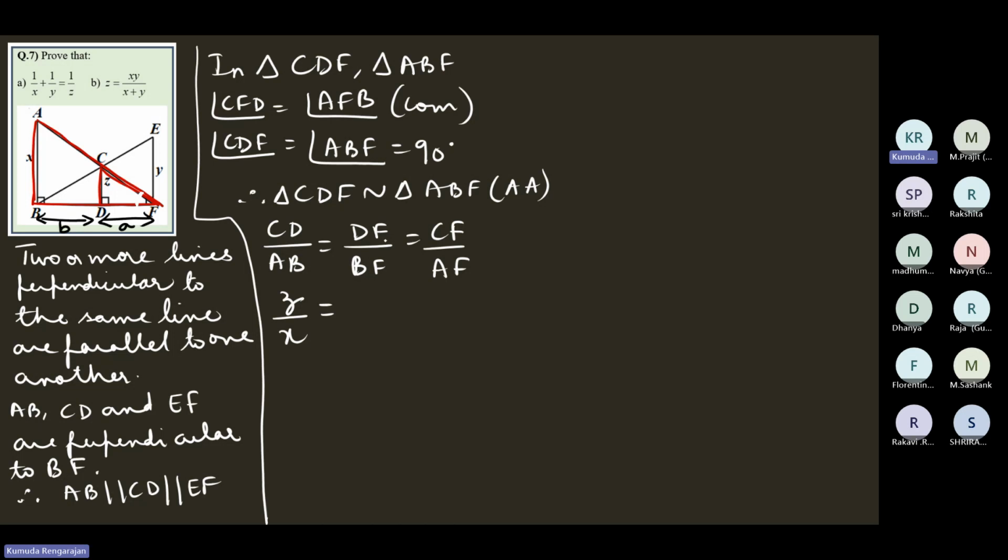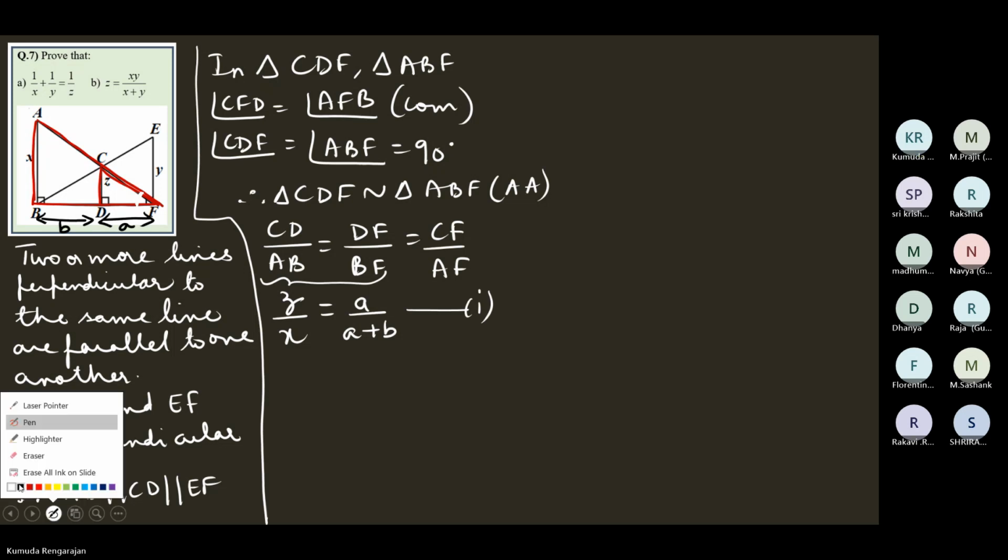DF we have called A. BF is A plus B, children. CF and AF are not marked; we'll come back to them if we need them. We've just taken these two ratios. We'll call this result 1.